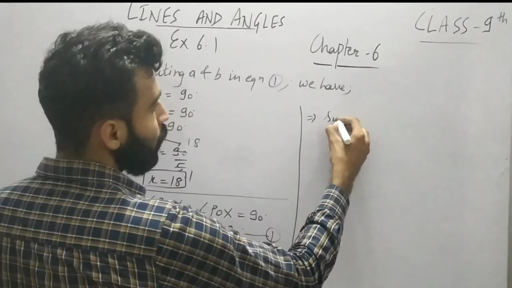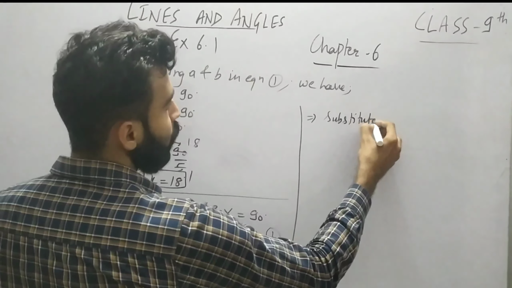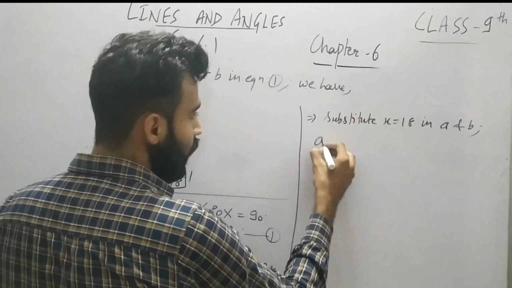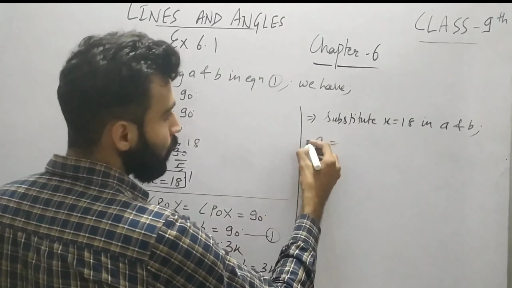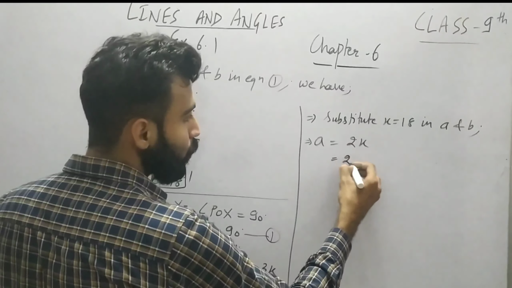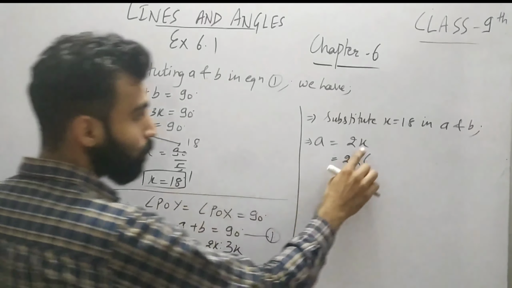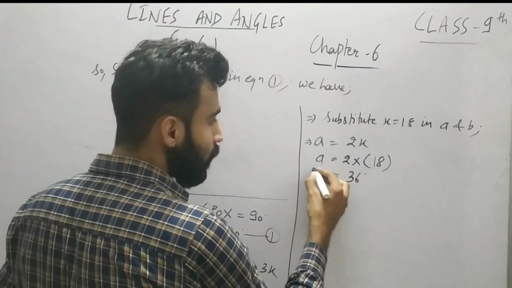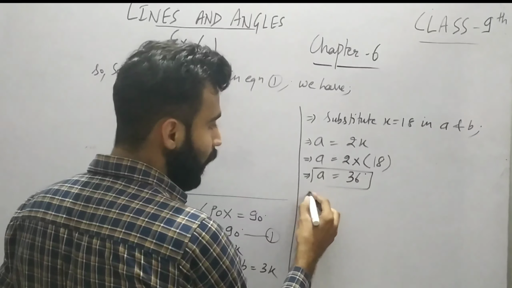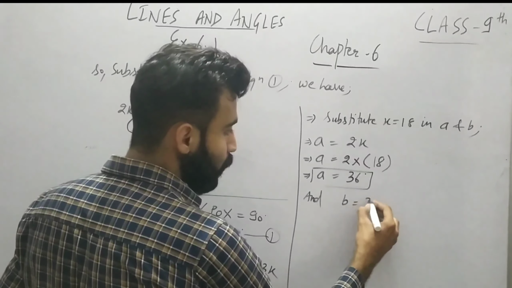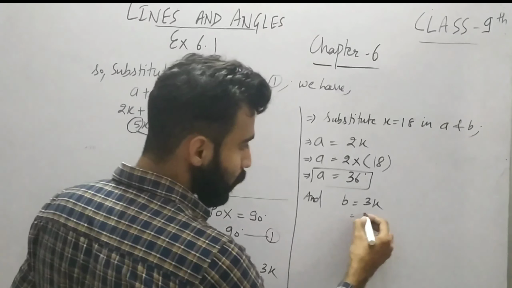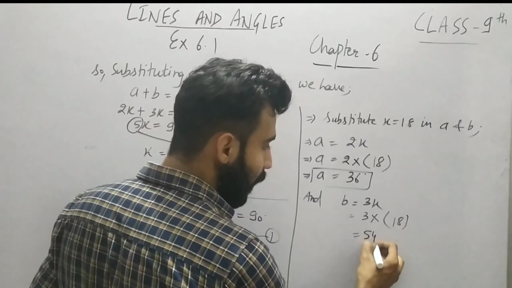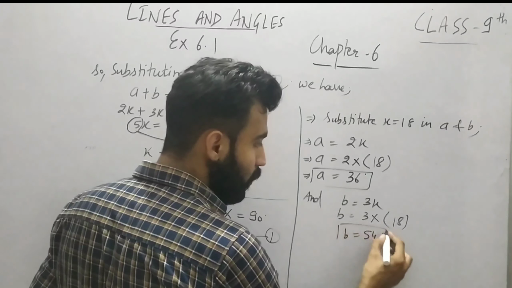So substitute X equal to 18 in A and B. A is 2X, that means 2 into X, and in place of X I substitute 18. So 18 into 2 gives A as 36. And B is equal to 3X, so 3 into 18 gives 54 degrees. So this is angle B.